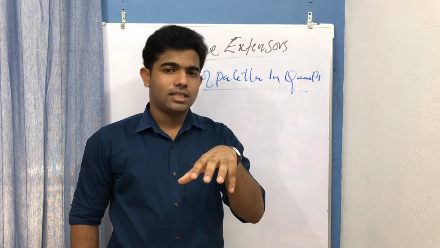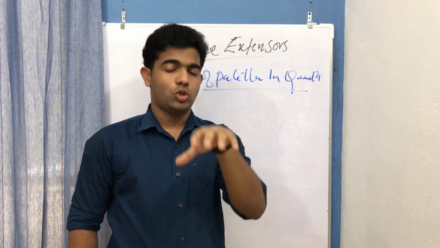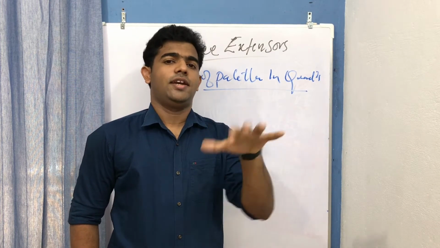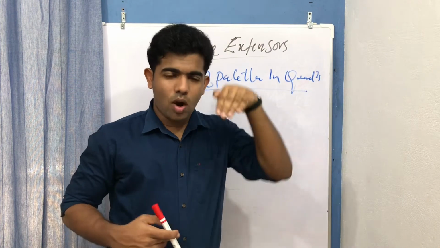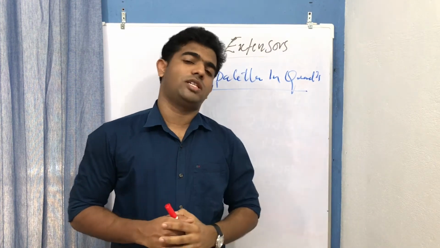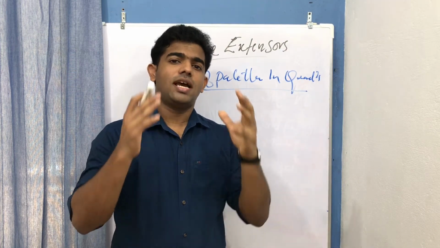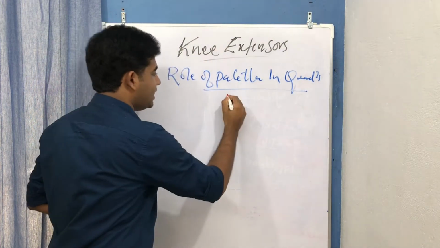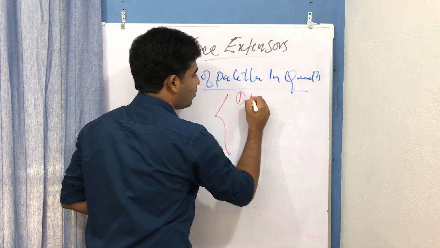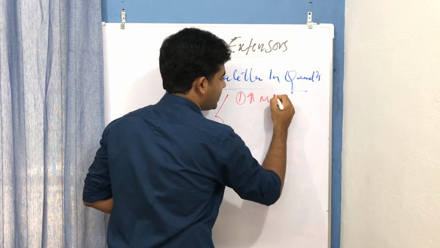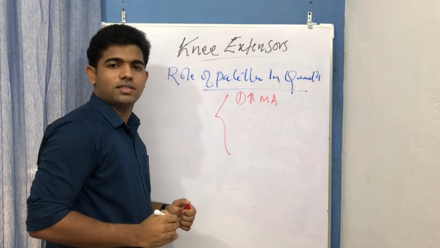You know that the patella is situated in front of the femoral sulcus, and the quadriceps tendon passes over it and becomes the patellar tendon. And what happens is that the patella has a great role in increasing the moment of this muscle, the moment of the quadriceps muscle.